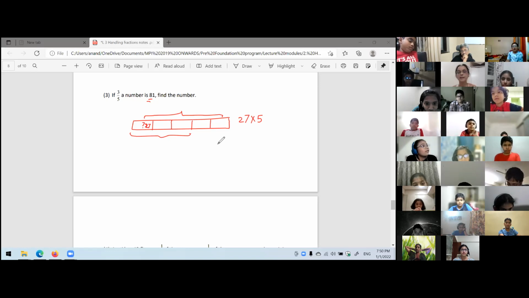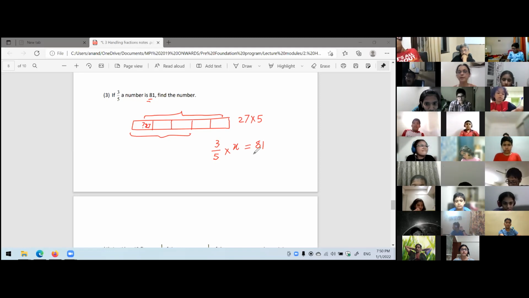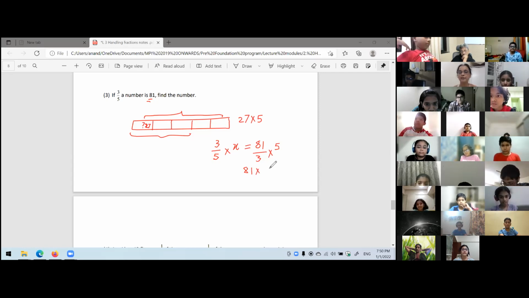Let's see how we can do this with x. If the number is x, 3 upon 5 of x is 81. What am I doing to find the number? First, I'm dividing it by 3 and then I'm multiplying it by 5. So, am I multiplying 81 by 5 by 3?